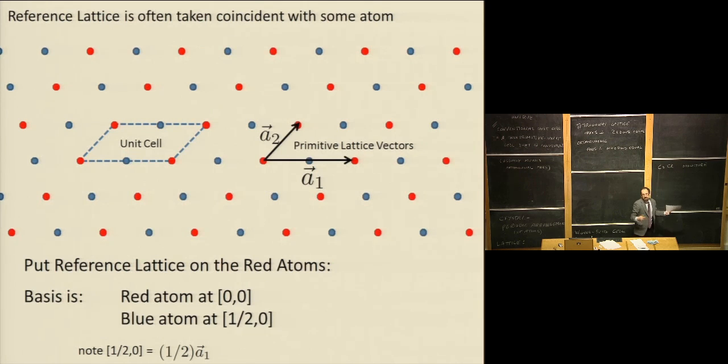Cesium chloride is an extremely ionic material. Cesium gives up its electron very nicely, and chlorine is extremely electronegative, so it wants to take that electron, and you get a nice ionic bonding.